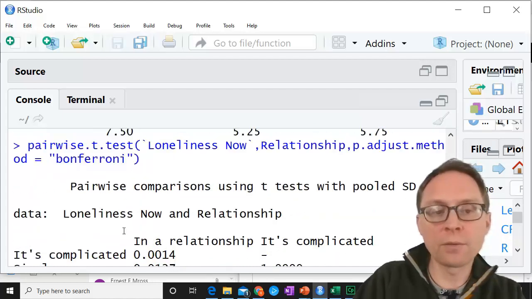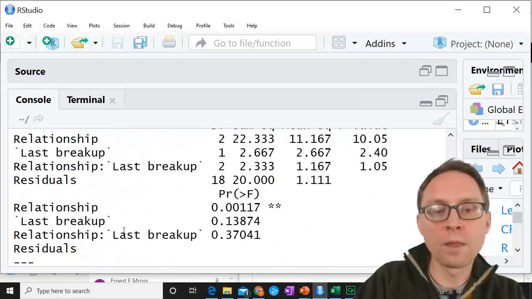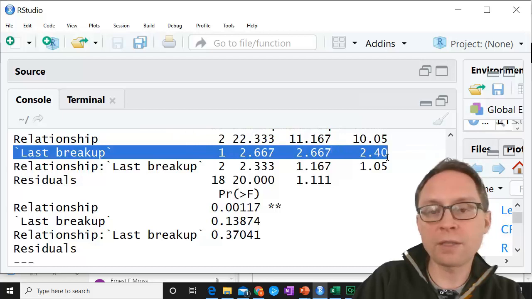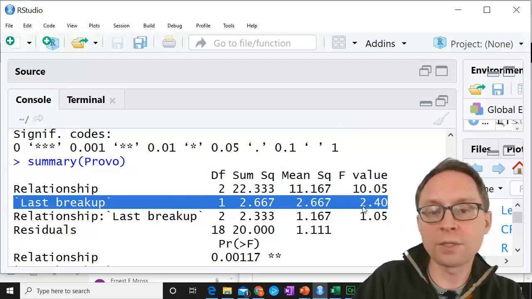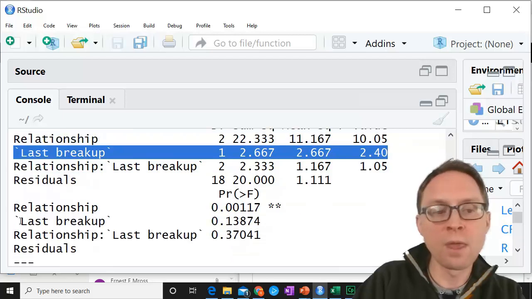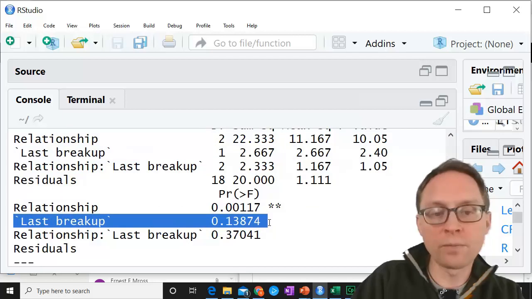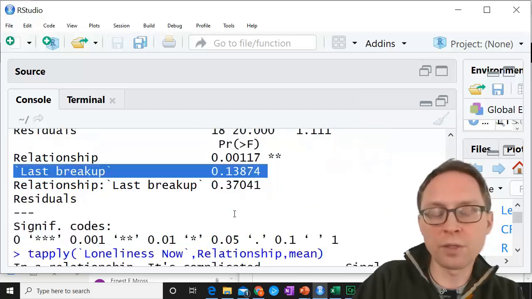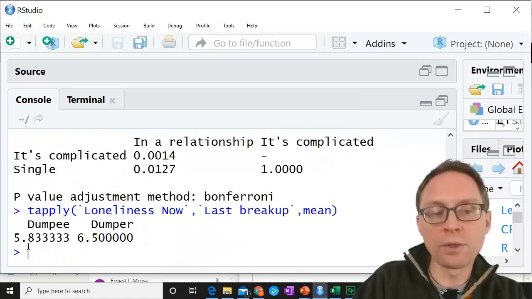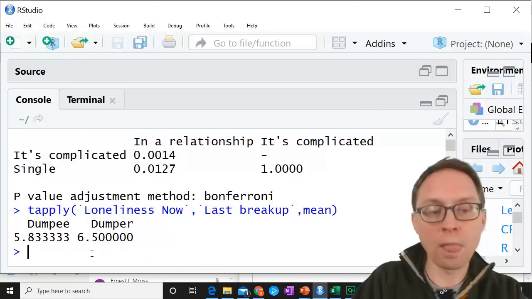How do we know that? Well, look right up here. This analysis of variance told us that last breakup, here's the main effect, that is the F value right there. So here's the F value for main effect, 2.40. And this is the P value for the main effect of last breakup. It is greater than 0.05. We know that there's no significant difference between dumpees and dumpers in their loneliness now.